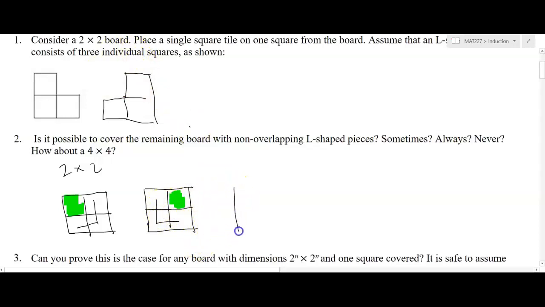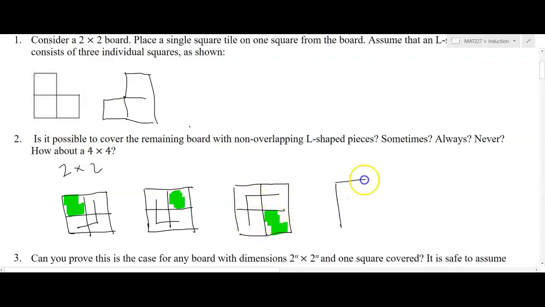Well, that's not the only case, because somebody may say those 2 cases are great, but what about the third case where I cover up the square down here? And of course, once again, we could say, well, if you rotate this thing 90 degrees, then you can cover up those 3 remaining squares with that L-shaped piece.